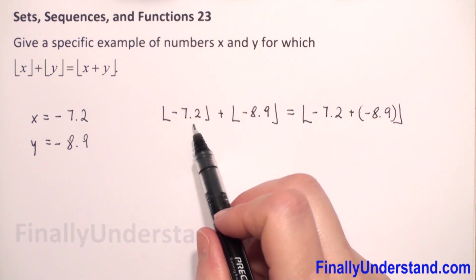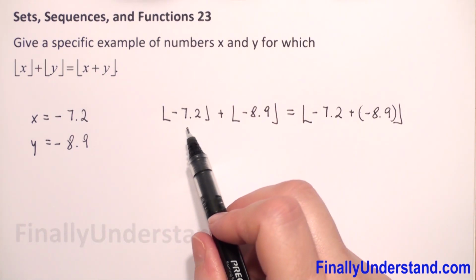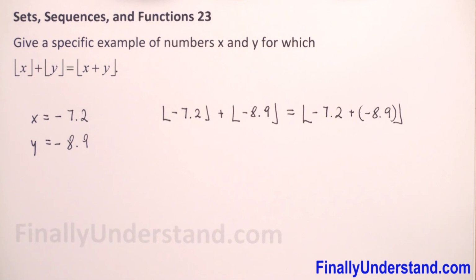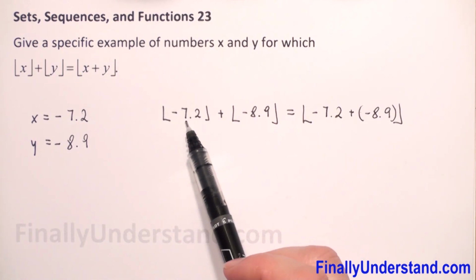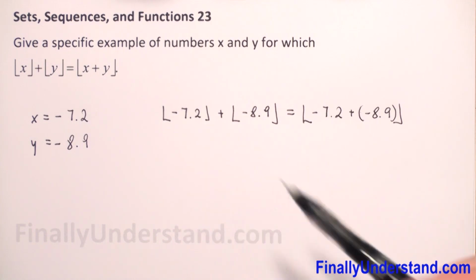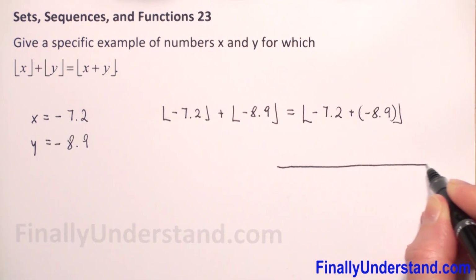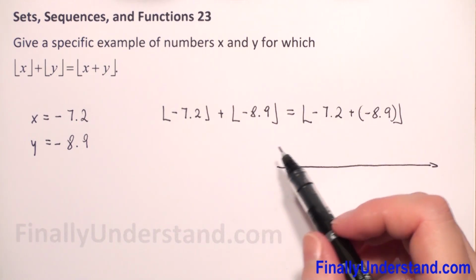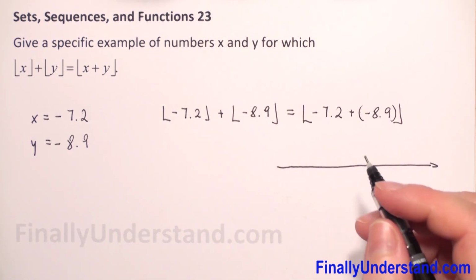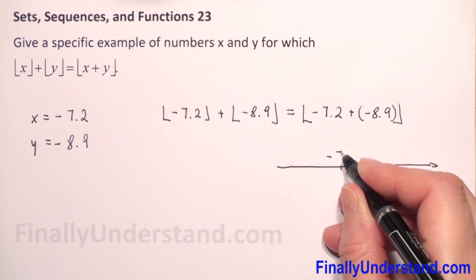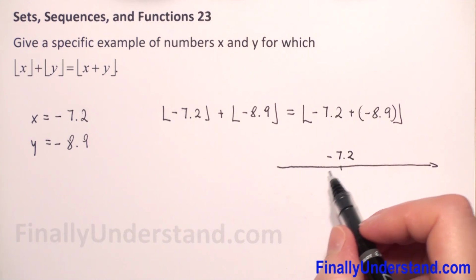Floor of negative 7.2 first we have to find. Let me remind you, when we have to find the floor of a number, it means we have to find the largest integer less than or equal to this number. Because negative 7.2 is not an integer, we can draw a number line and find which integers negative 7.2 is between.